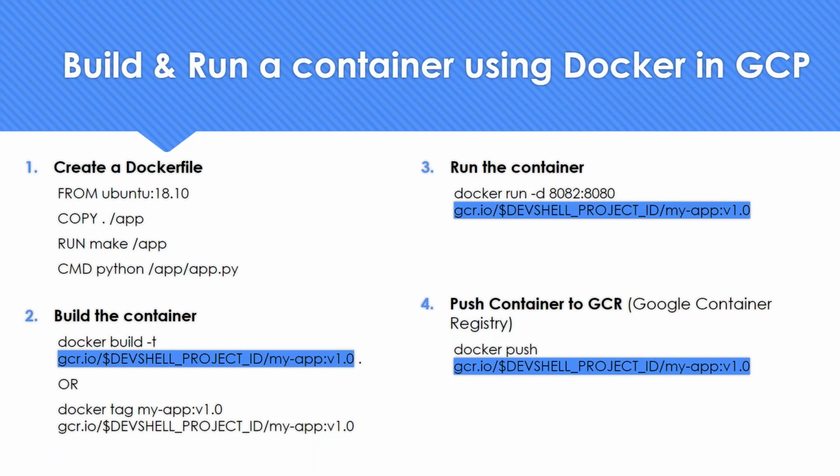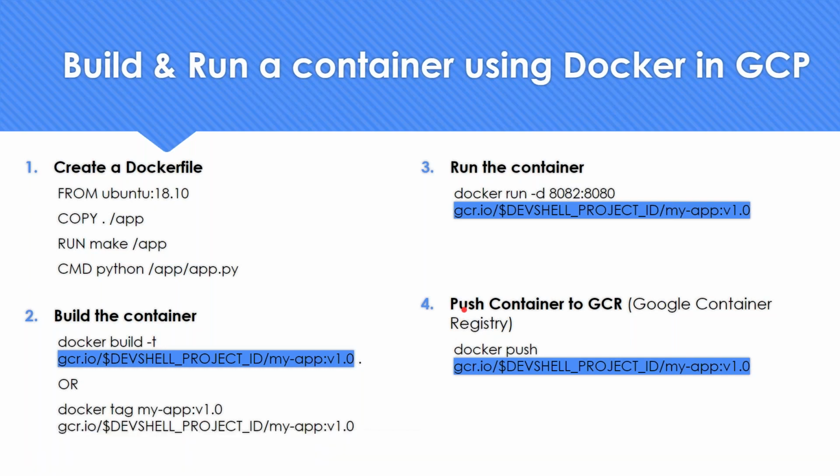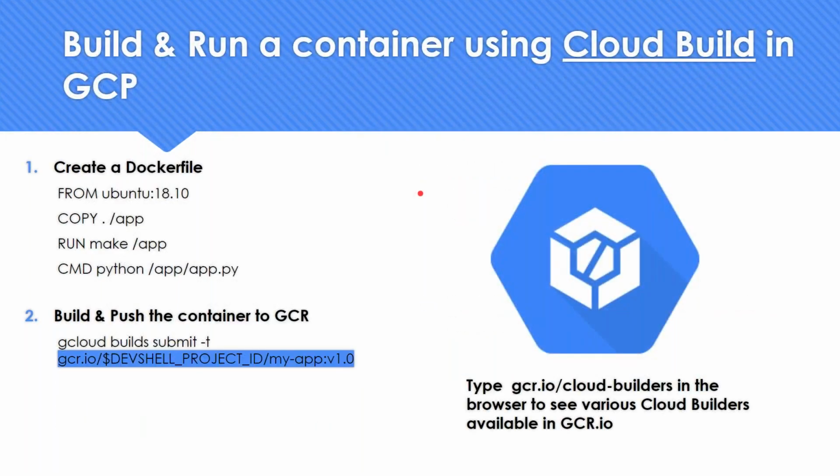So Cloud Shell was for learning purposes, fine, but we should also know something which is done at a production level. So for that, we will look into a new product which can do something very similar and also make our lives a little better, a product called Cloud Build.